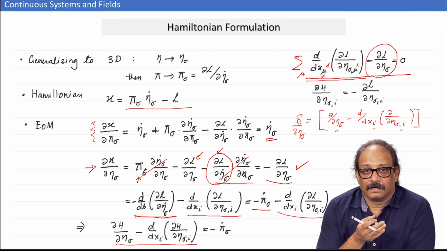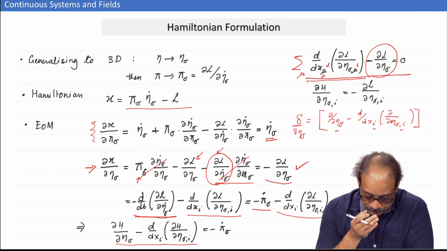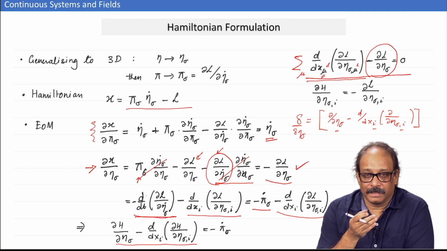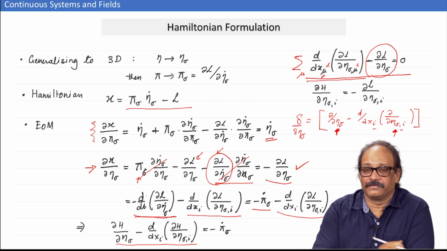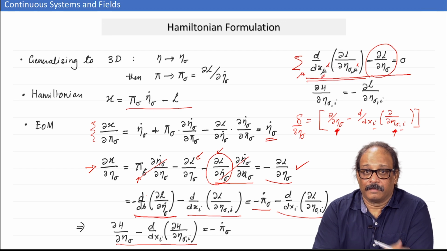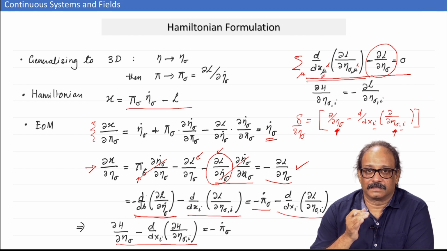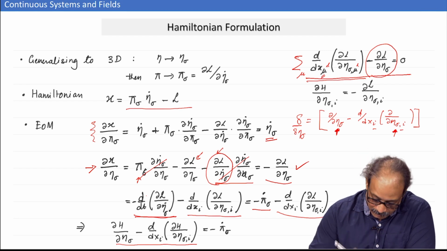If I take a functional derivative with respect to pi sigma, all that happens is in this term, instead of eta sigma, you would have pi sigma, and what would you have here? That would be pi sigma comma I. Okay. So, this is a definition of the functional derivative with respect to a quantity. Fine.